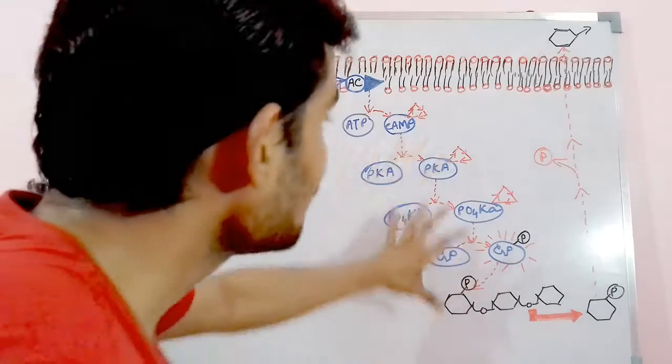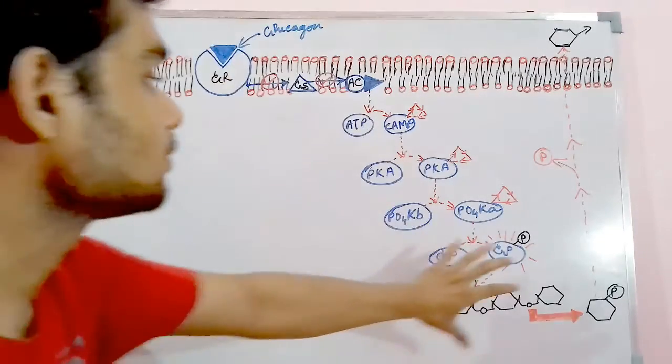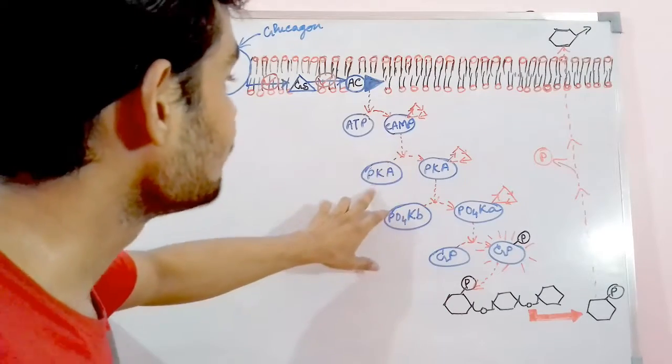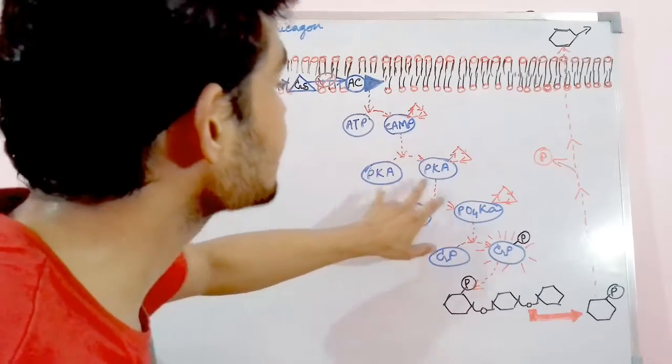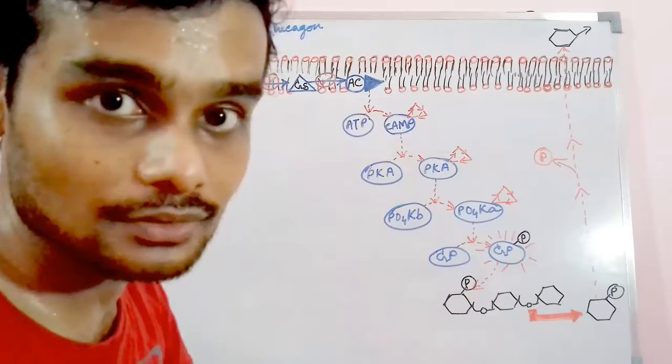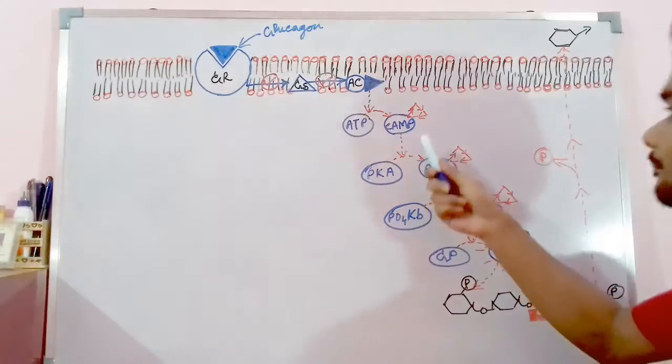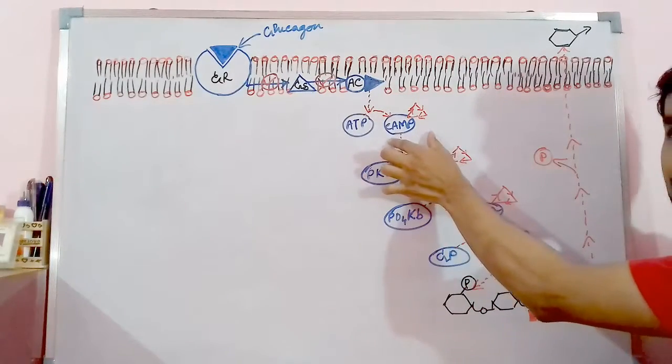So this is how the breakdown of the glycogen molecule is happening with the help of cyclic adenosine monophosphate, which helps in converting the inactive protein kinase A to the active form. Now how does the activation happen here? You see the cAMP molecule present right here, this cyclic adenosine monophosphate.